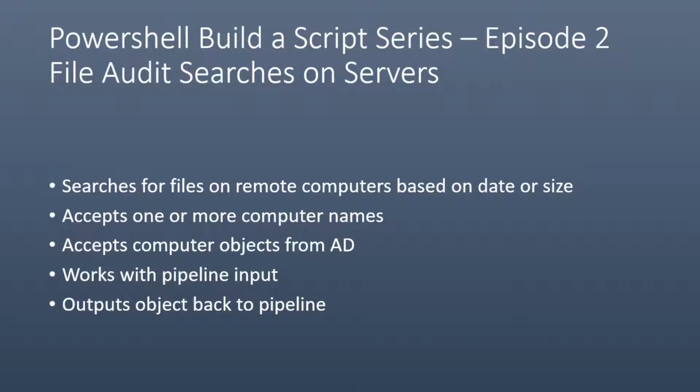So we're going to put together a script that searches for files on remote computers based on date or size, accepts one or more computer names, accepts computer objects from Active Directory because, why not? It works with pipeline input, which is how we'll put those computer objects in, and outputs objects back to the pipeline. I wanted this to be a smaller script, where I take the output as objects in the pipeline to then potentially write other scripts or functions to do something with that.